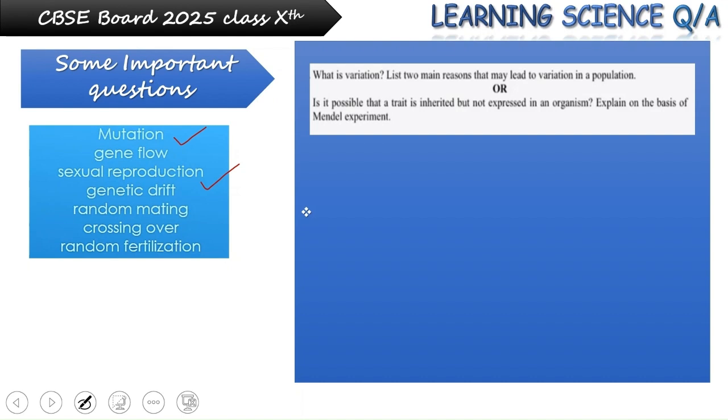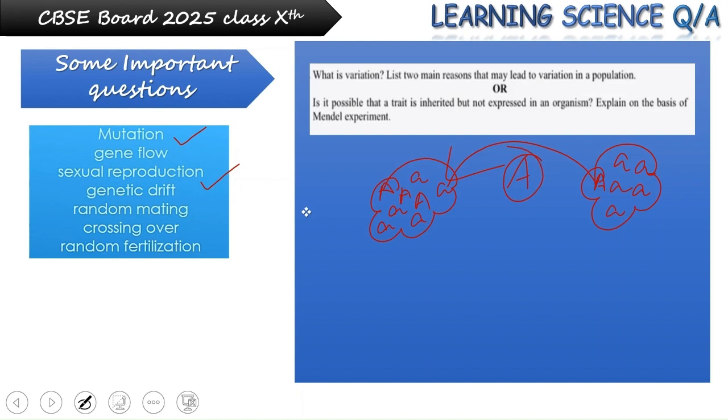Another reason is gene flow. Suppose we have two populations here and we have certain genes present in both populations. I am just writing random genes here. Now, suppose from this population to this population, this A gene or allele gets transferred.